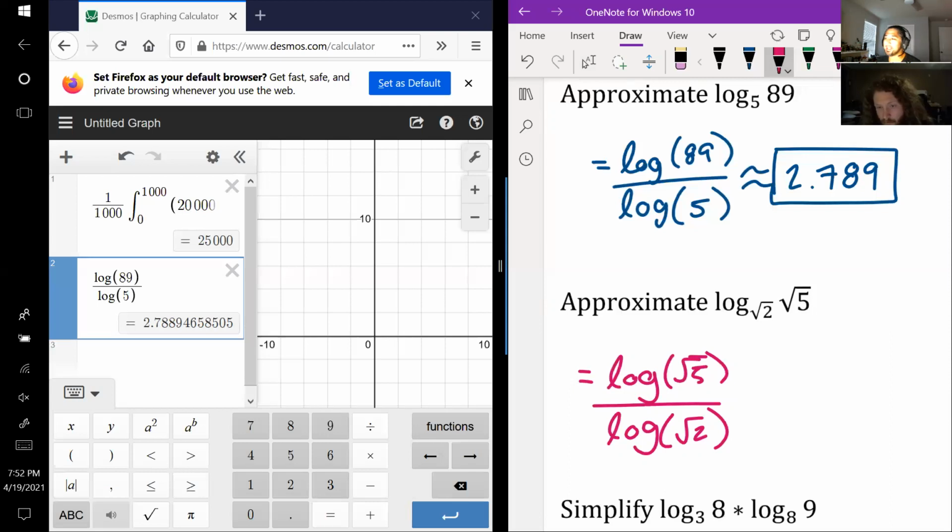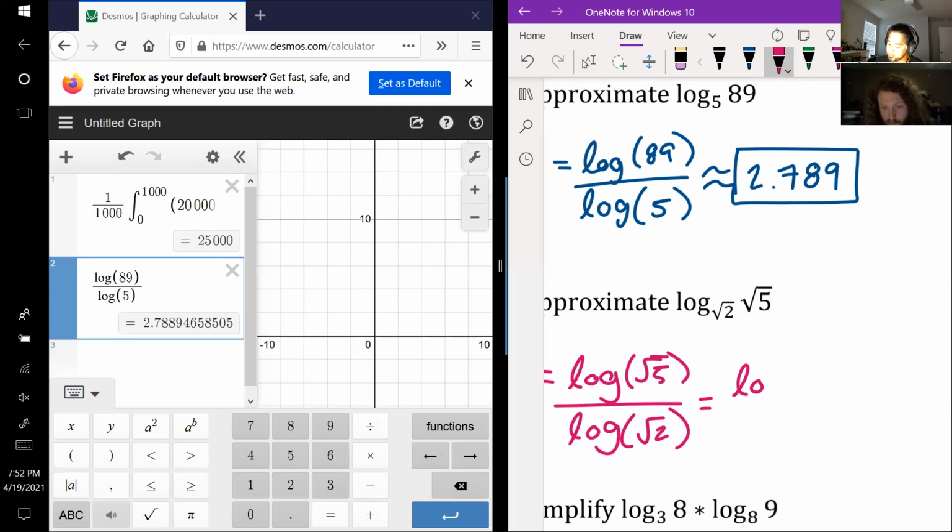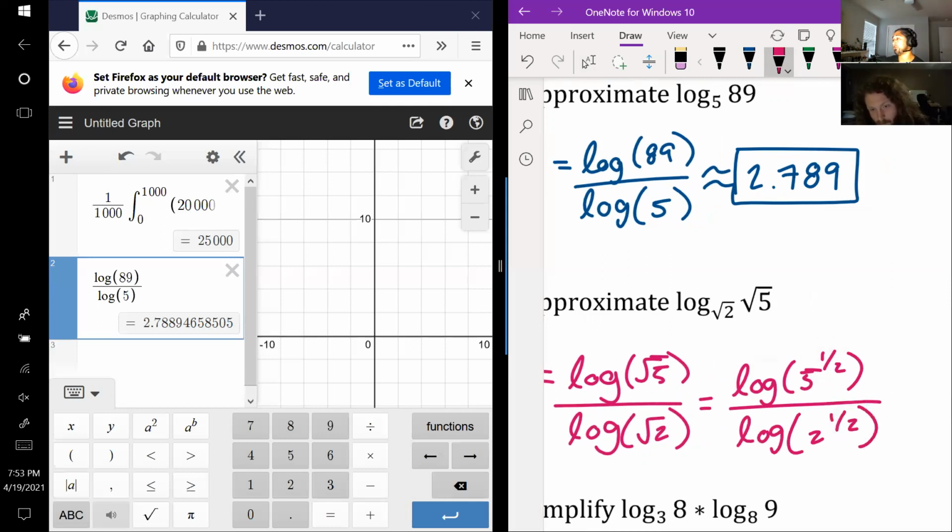But before I punch this in a calculator, let's go ahead and simplify this more. We know that the square root can be rewritten as 5 to the 1/2 over the log of 2 to the 1/2.